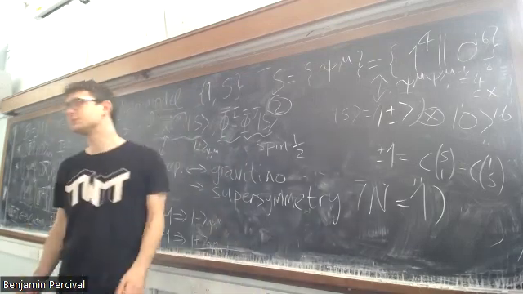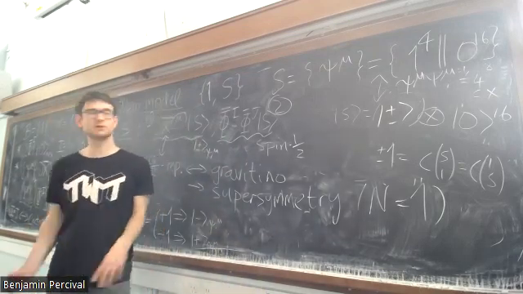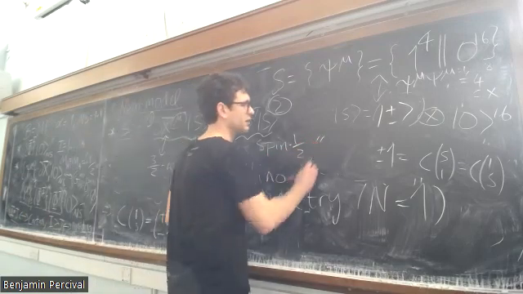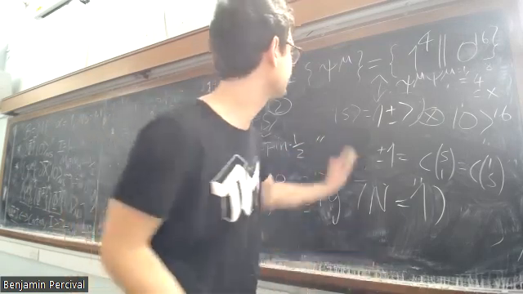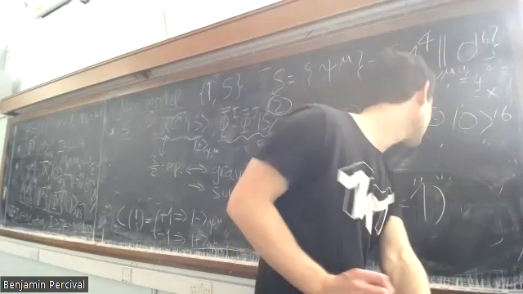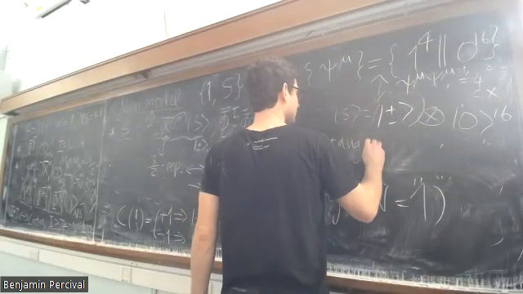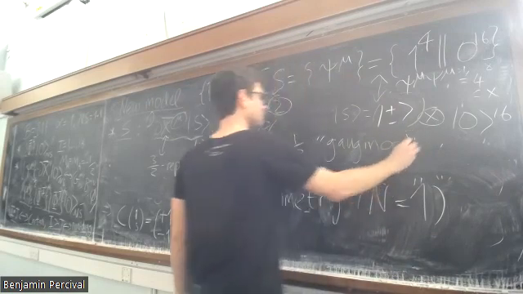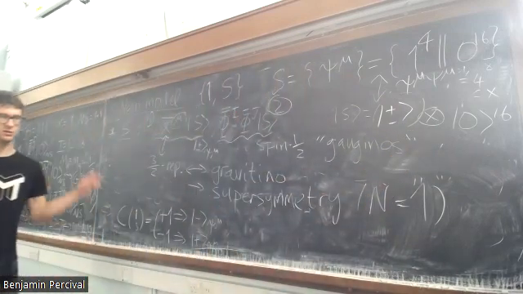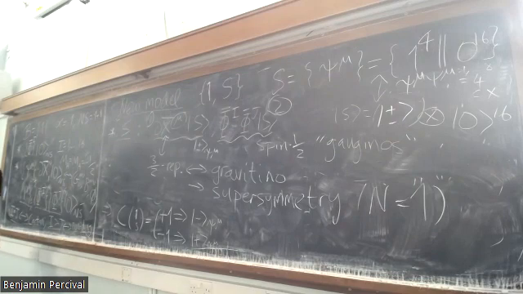And the superpartners of gauge bosons are called gauginos. So they're called the gauginos of the SO(32) that is generated by these gauge bosons.